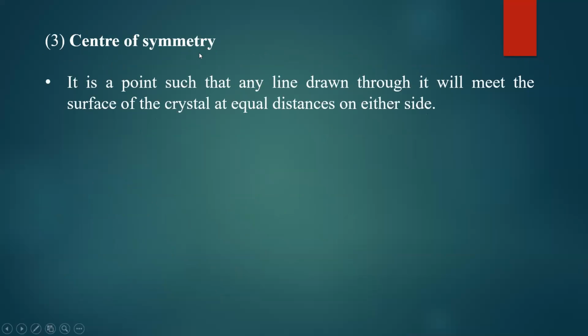Center of symmetry. Center of symmetry means it is a point such that any line drawn through it will meet the surface of the crystal at equal distances on either side. If you draw any line passing through a point, and that point is exactly at the center from the opposite surfaces, then that point is called the center of symmetry.